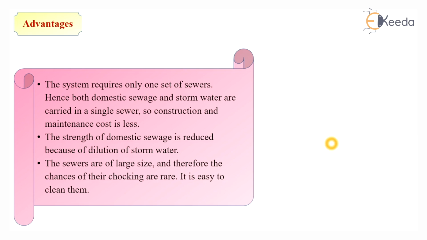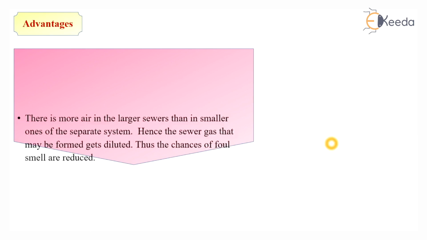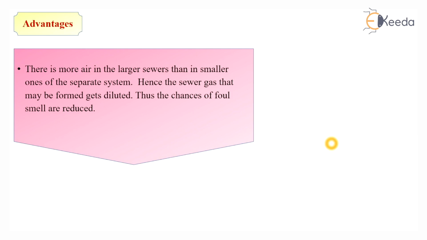It is easy to clean them. There is more air in the larger sewer sections than in smaller ones of the separate system. Hence, the sewer gas that may be formed gets diluted. Thus, the chances of foul smell are reduced. In towns with narrow streets, this system is preferred.